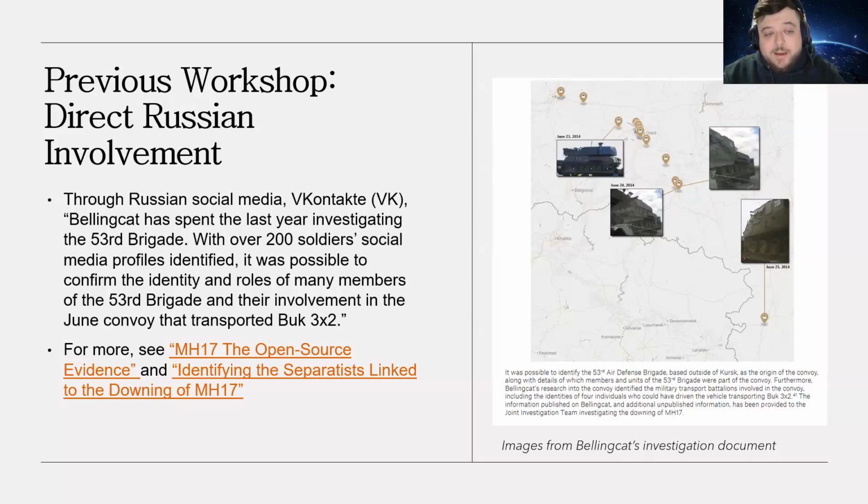They posted on the Russian social media platform called VKontakte. And again, through the use of OSINT, we're able to identify what unit they were a part of, where they were, and at what time. And because there were over 200 of them that posted all this stuff, it was pretty easy to discern this information, right? So even the military is not immune to this sort of information gathering.